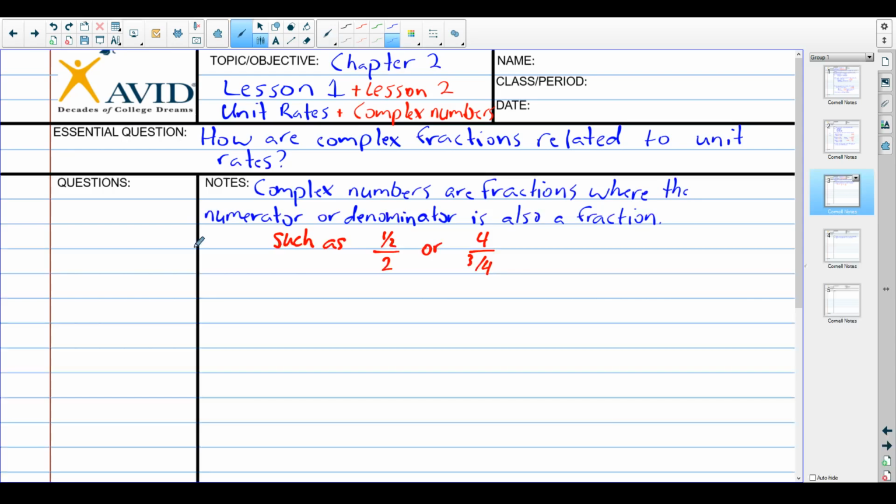Okay. So example 3, because we're continuing the examples from unit rates, we want to simplify 1/4 over 2. And all we're going to do, the real math here that's new, is we're going to rewrite this as a division problem.